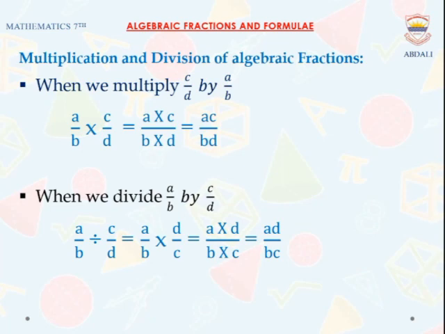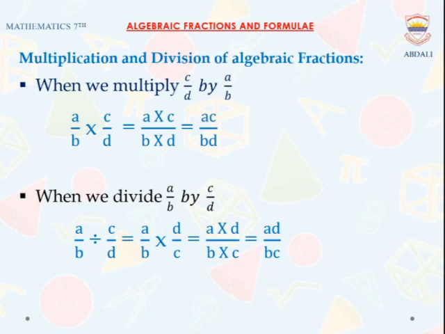So here are two fractions, a by b and c by d. Here we have changed the division sign into a multiplication sign, and we have taken the reciprocal of the second fraction, which is c by d. So the reciprocal is d by c.